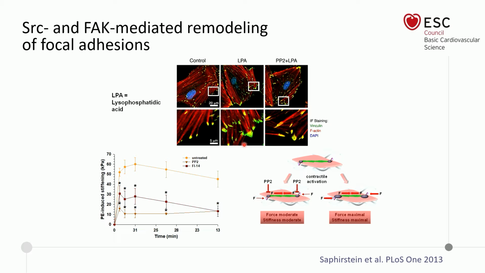And in the presence of PP2, an inhibitor, administration in vitro is able to reduce the number of focal adhesions. The reduction in the number of focal adhesions is able to reduce arterial stiffness and to increase arterial elasticity. And in aortic rings, the same result was observed.